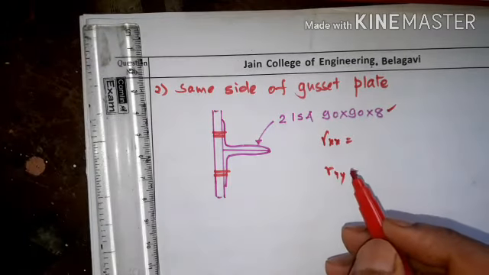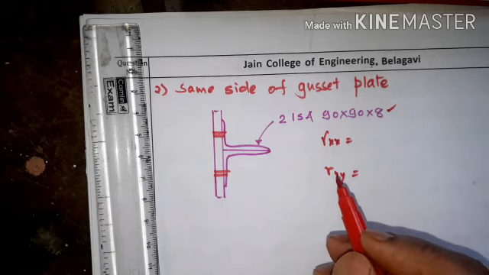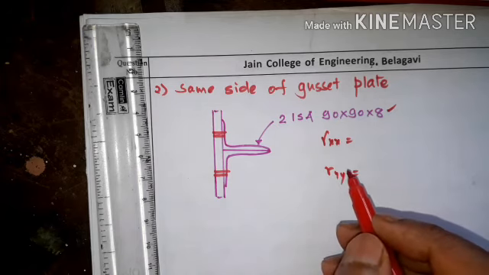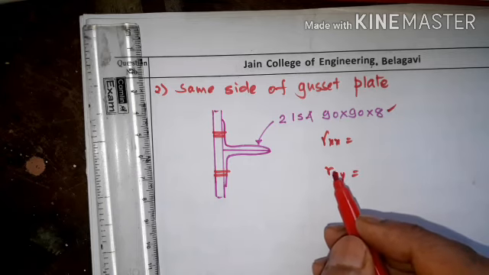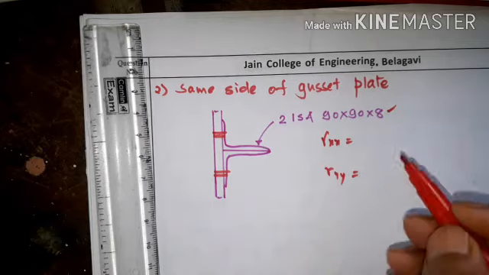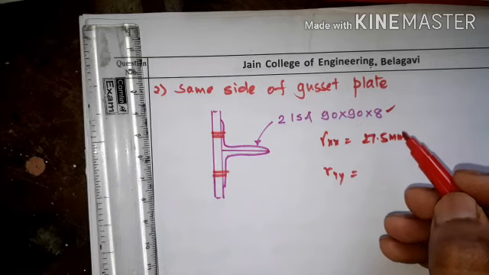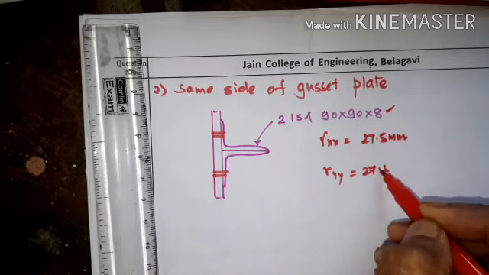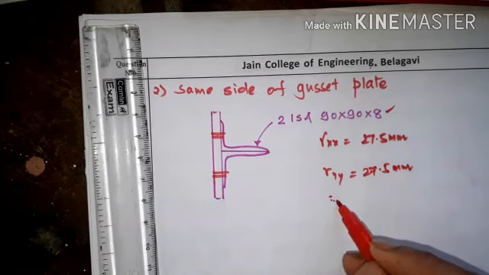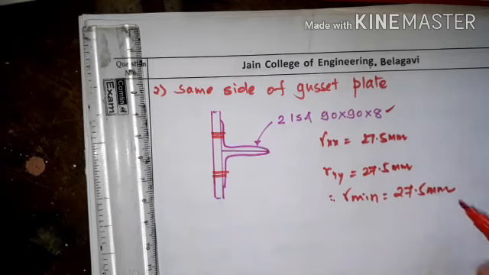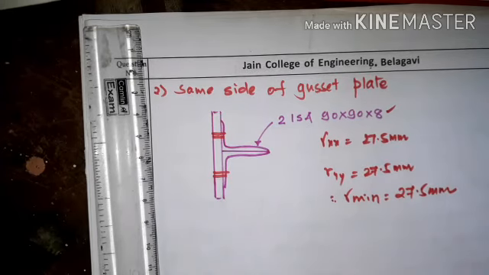For the equal angle 90 by 90 by 8, RXX you'll get as 27.5 from the steel table, and RYY is also 27.5 because it is an equal angle. Therefore R minimum is equal to 27.5 mm.